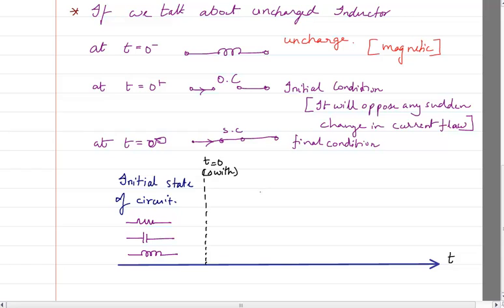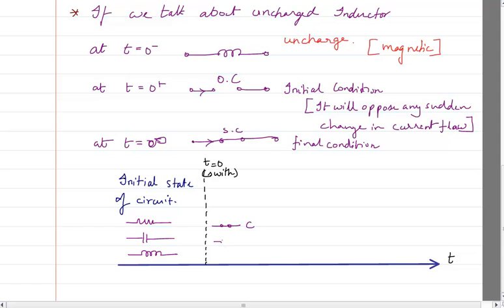Once you apply a switch, all of a sudden the circuit is in an initial condition, and that condition is that if the capacitance is uncharged, the capacitance will become a short circuit. What will happen to an inductor is, it will become an open circuit. And what will happen to a resistance? The resistance will remain as such, no change, if it is uncharged.